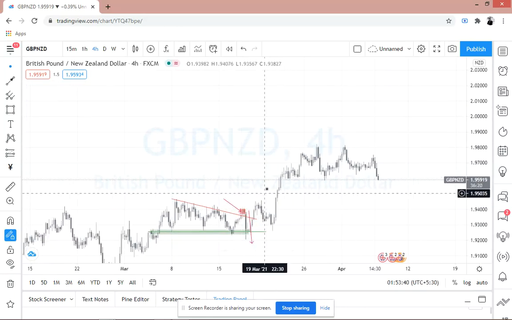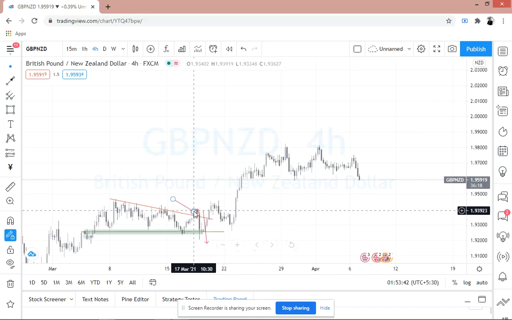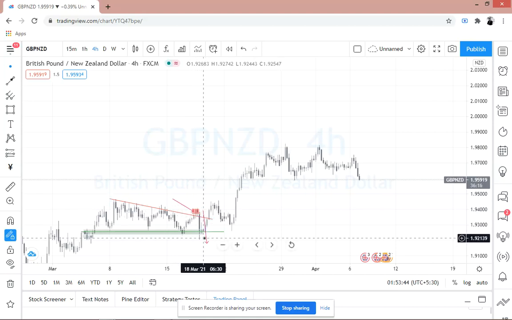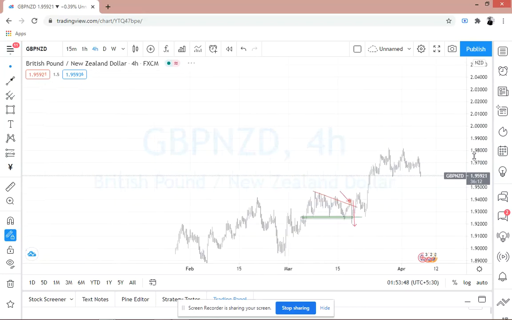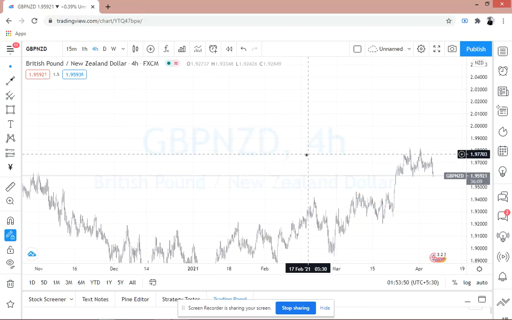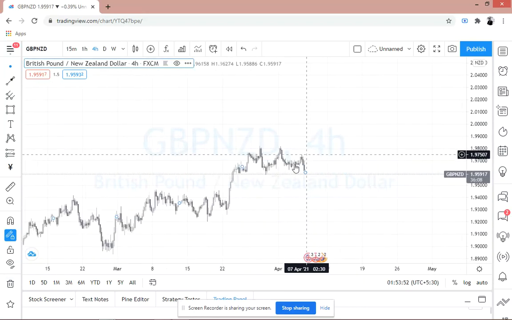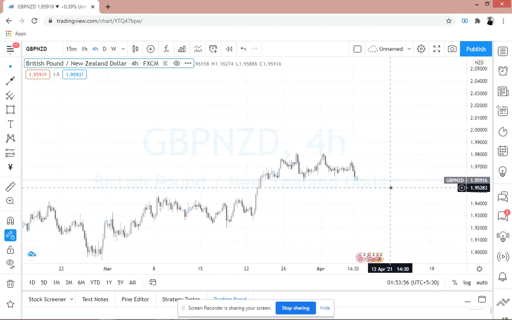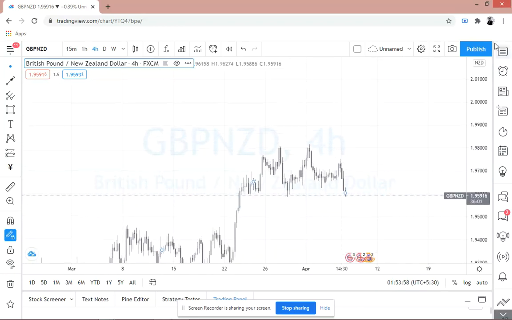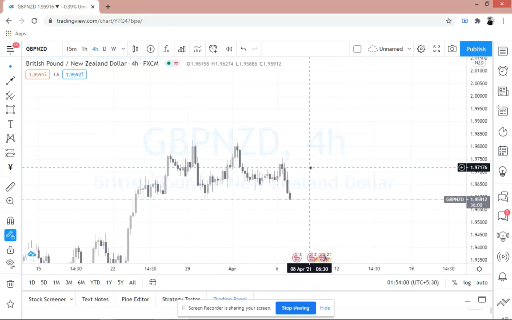Okay, we predicted the market should make a fake out to the downside. So the market now has broken the upper trend line, and the major trend is still the market is still moving up, but we have some momentum of sellers here.